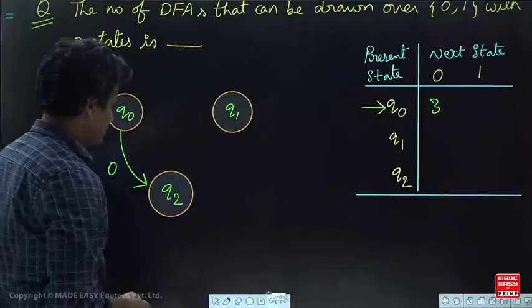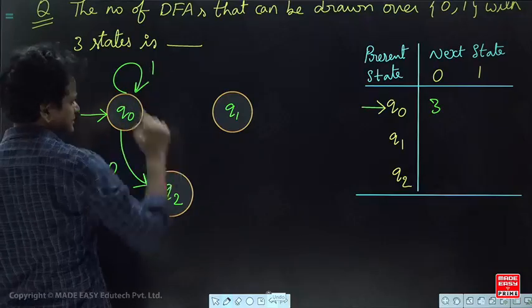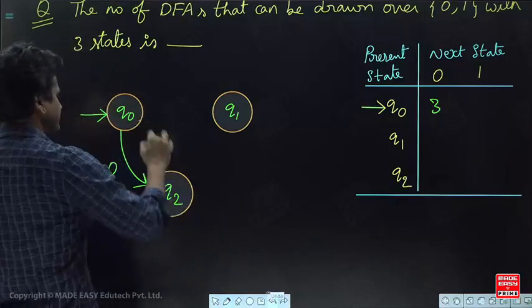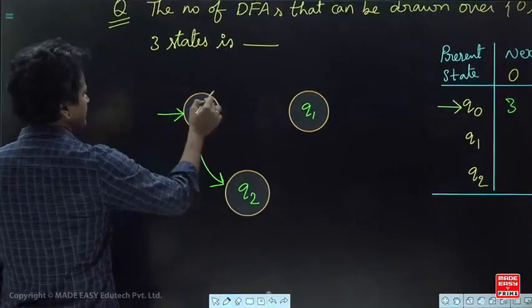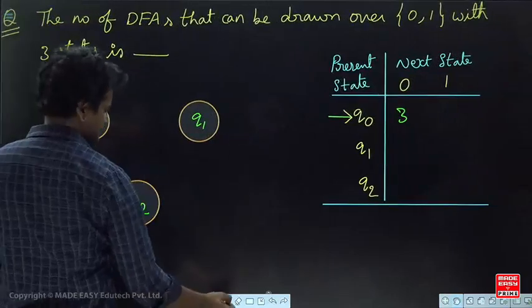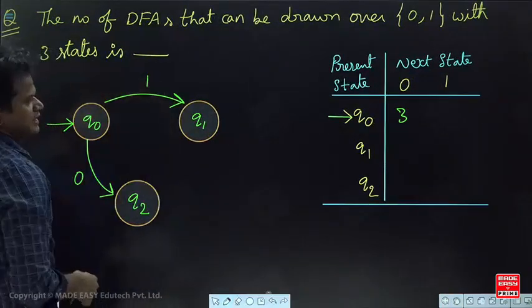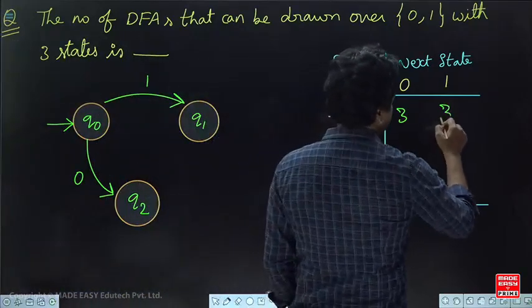Now Q0 on 1, again you can define like this. If not, are you following? You can define like this. So Q0 on 1, again you can define in three ways.